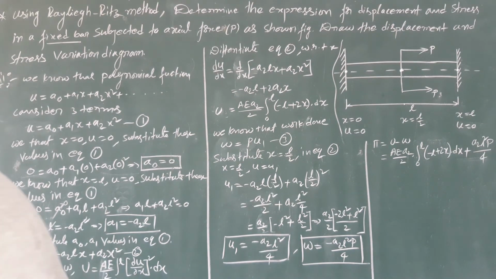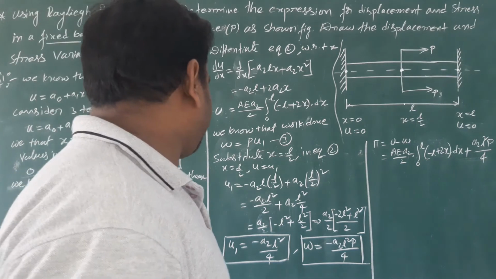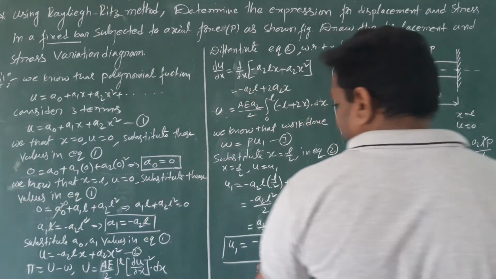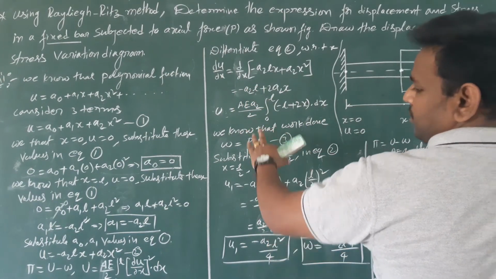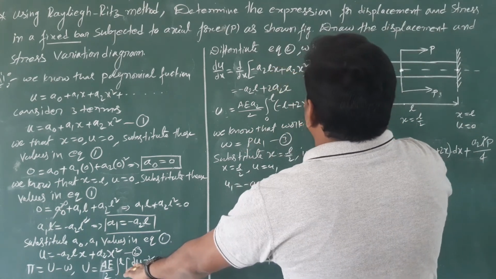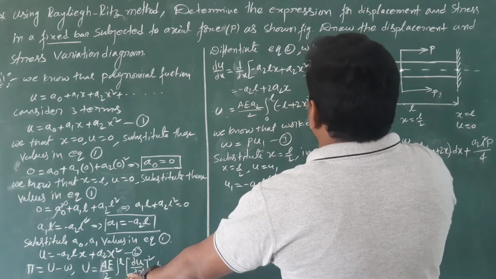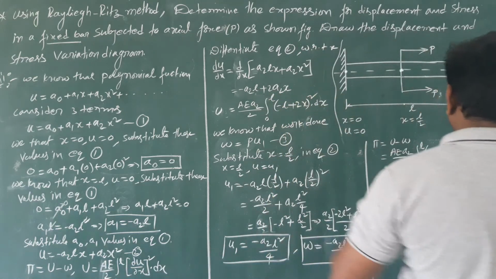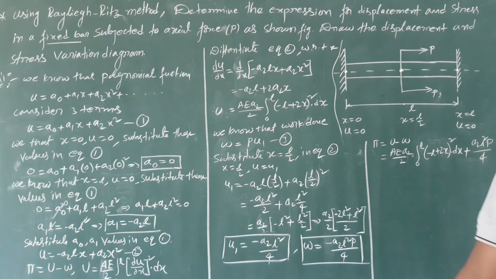Now it is just like U is dou U by dou X, this is dou U by dou X, so whole square. Now this is also square.